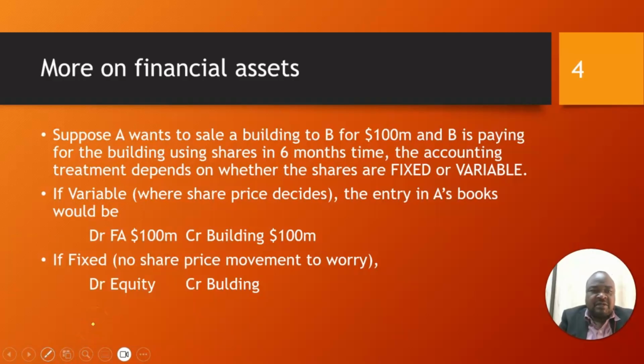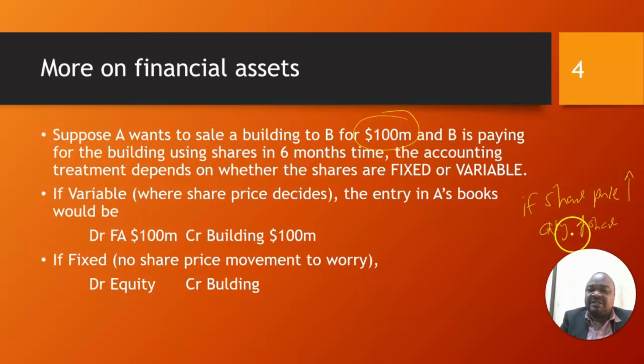Let us look at this systematically. Why are we calling it a financial asset when we are receiving our own shares and in a variable amount? Ladies and gentlemen, the price of the building is known, but the quantity of shares is not known, right? So if the share price goes up, the quantity of shares becomes less.